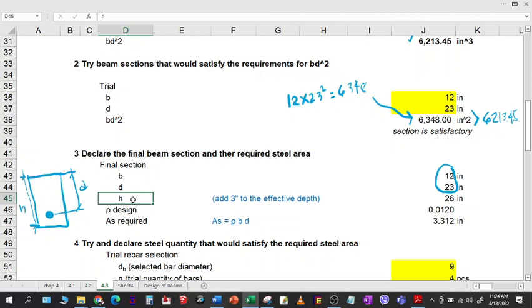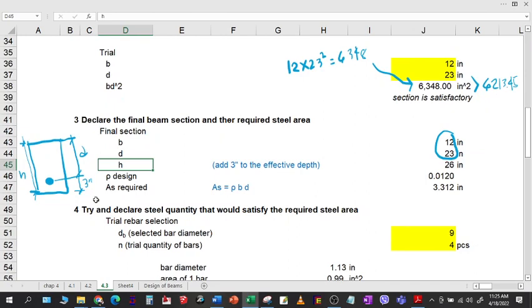And h is normally d plus 3 inches. The covering is normally 3 inches. It could go higher or lower, but for simplicity of calculation, we peg it at 3 inches. In the code, the required covering is 1 and 1/2 inch.